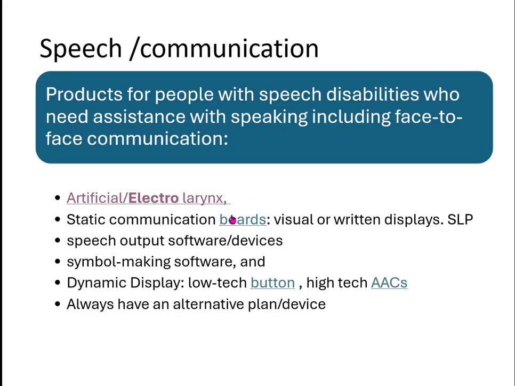Now, for other ailments or diseases, clients can use static communication boards, and those are boards with visual or written displays, and usually speech language pathologists, speech therapists, are involved in that. Those boards are usually static, made out of cardboard or laminated boards or papers, and they usually look like this.